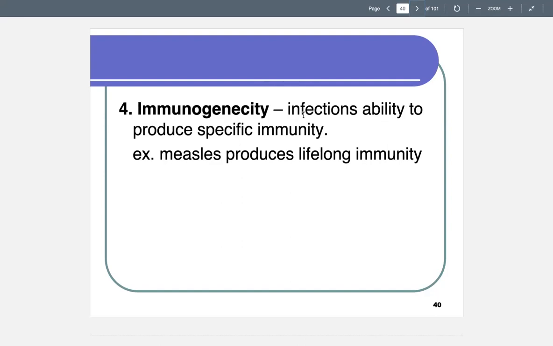Once they enter our body, they stimulate our body to produce antibodies. Antibodies are for protection, protection against that specific agent, that specific foreign substance. Remember, class, the antigen or infectious agent that enters our body stimulates our body to produce antibodies.